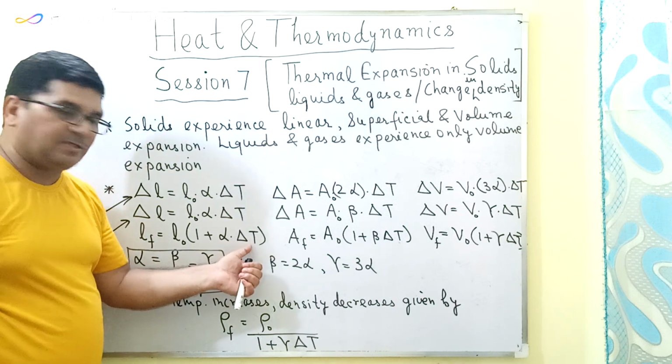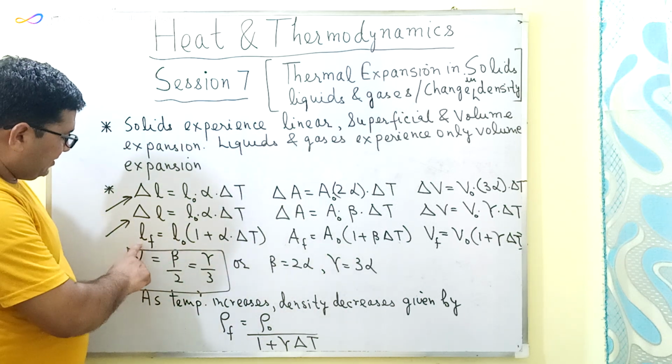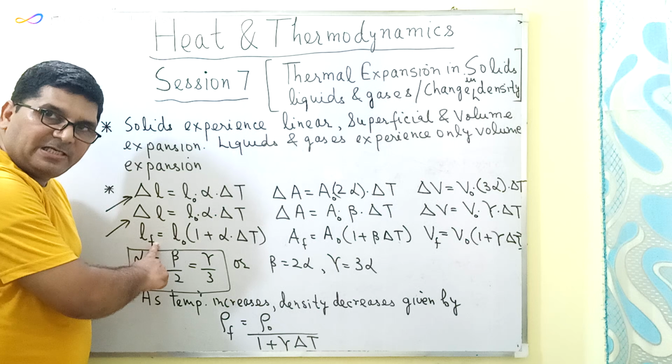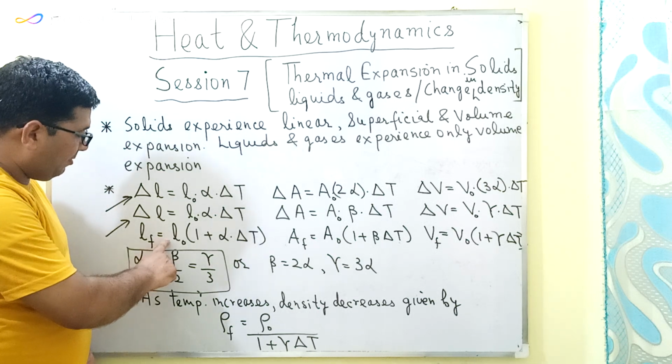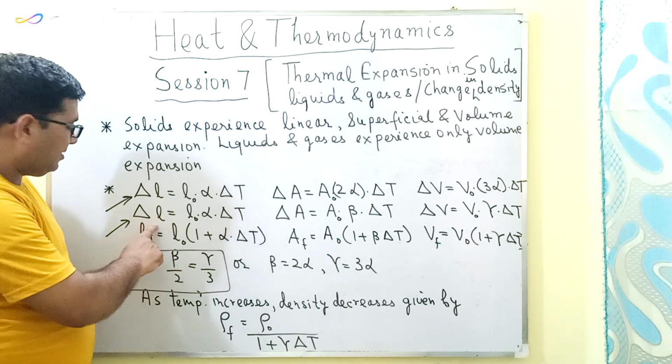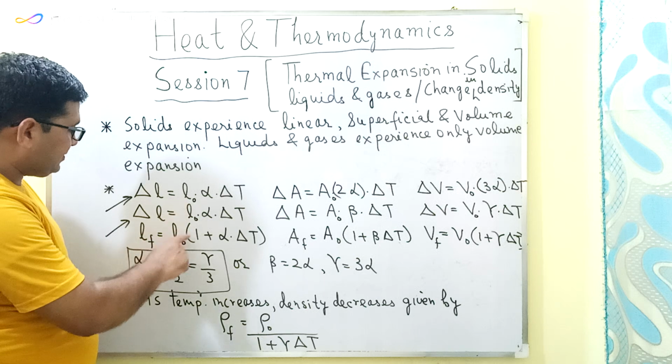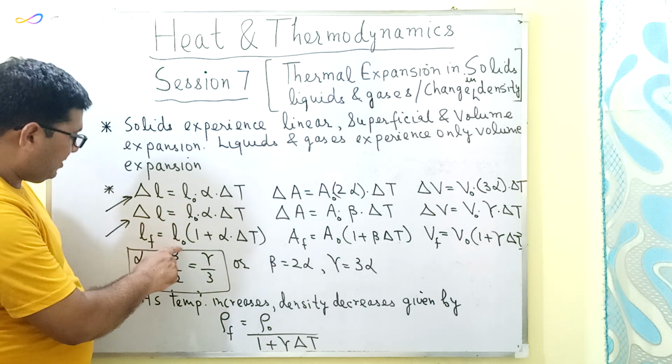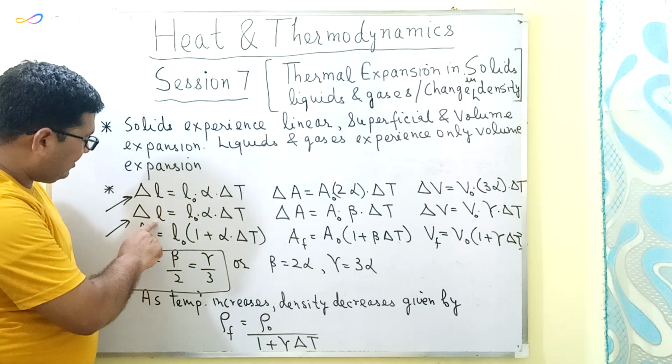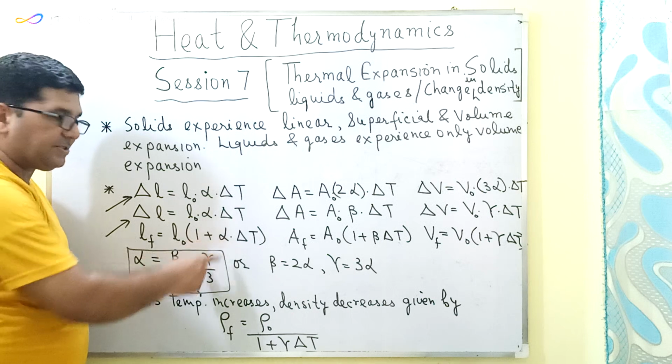How have we got it? This L F is the final length, which is equal to the original length plus delta L. If I add the original length and this delta L, I get this expression.